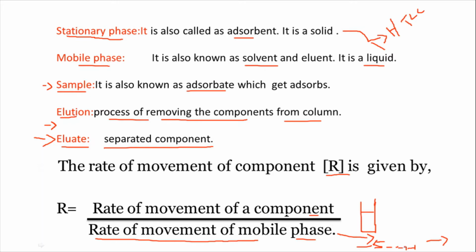So the polarity of the solvent determines the rate of movement of the mobile phase, and following that, our sample migrates. Finally, these two values we consider for the resolution of the chromatography. We can obtain 70% resolution.